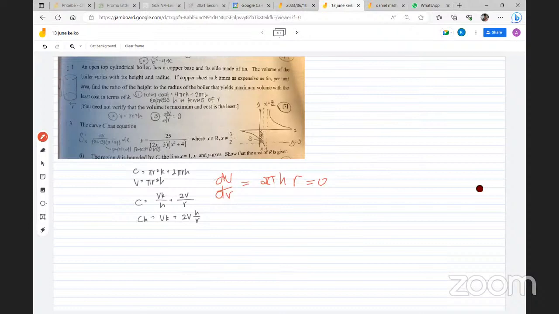Wait, how do they also differentiate h implicitly, like dh/dr? So they did the quotient rule.